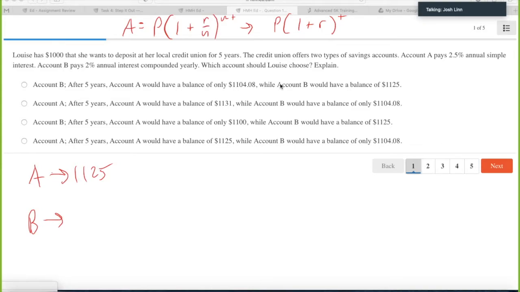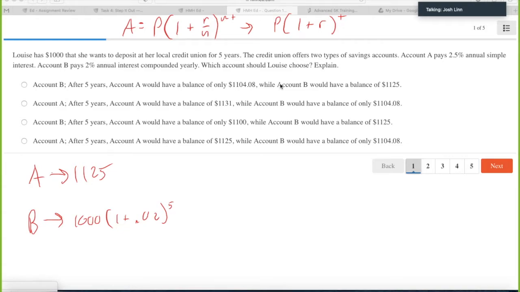So that's what we got. We've got our rate. Our principal is $1,000. Our rate is 2%, expressed as a decimal, 0.02, and it's brought to the power of 5.